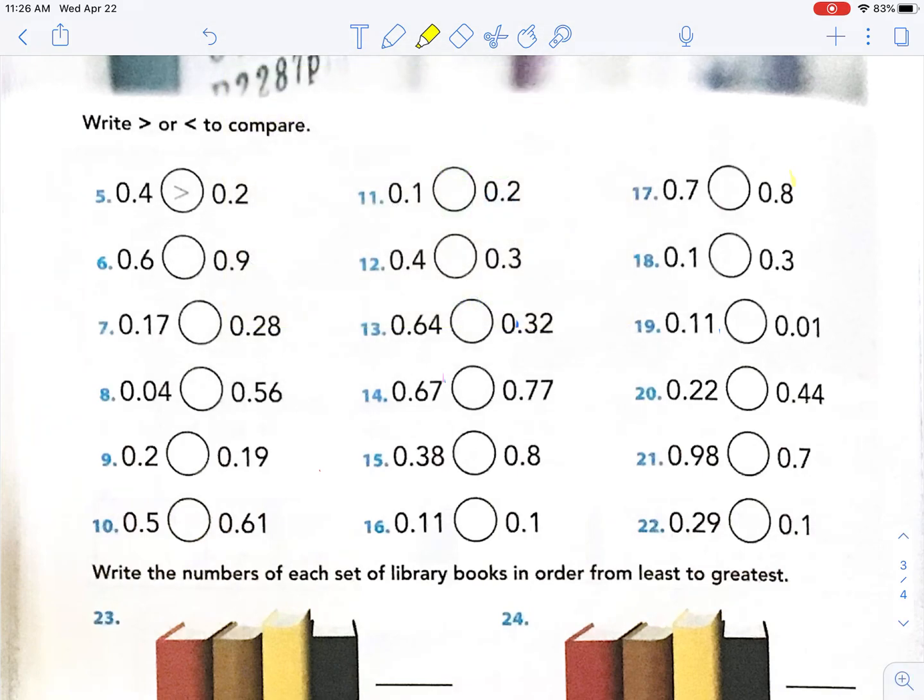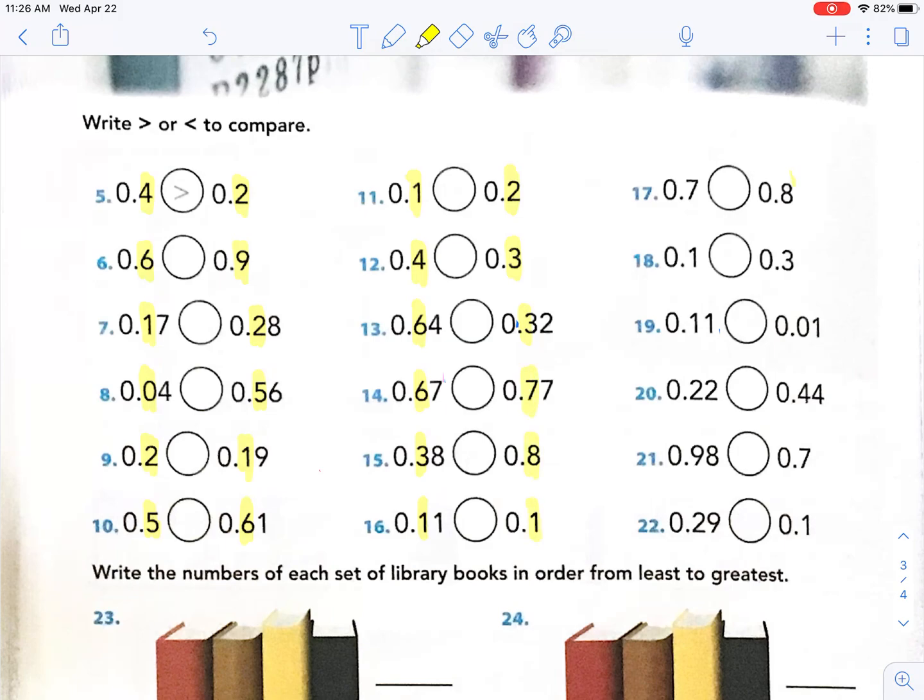Now, what I'm going to do is highlight. If you have a highlighter or a yellow crayon, you could do the very same thing. I'm going to highlight all the tenths on this page in yellow because it helps me see them and not go so fast that I miss getting the right answer. I will tell you, this is super easy, boys and girls, and I bet most of you, without even knowing, I would ask you, what's more, 3 dimes or 2 dimes?